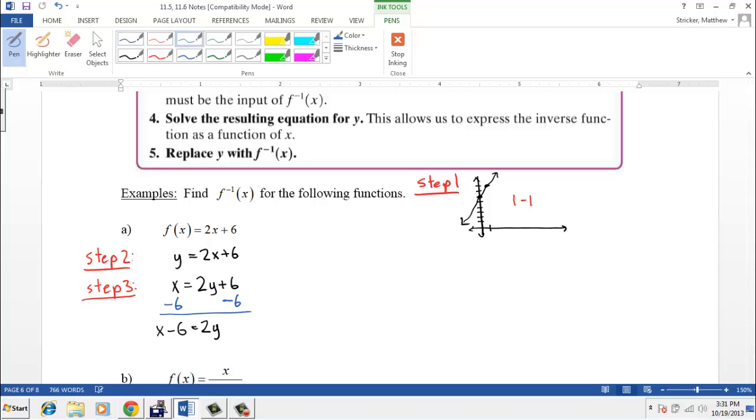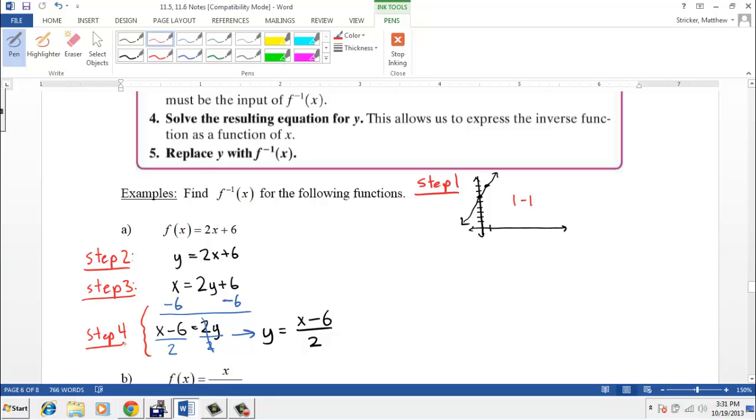And we still don't quite have y by itself, so we're going to need to divide both sides by 2. That causes the 2's to cancel, and we end up with y is equal to x minus 6 over 2. All that right there is step 4. We're almost done.